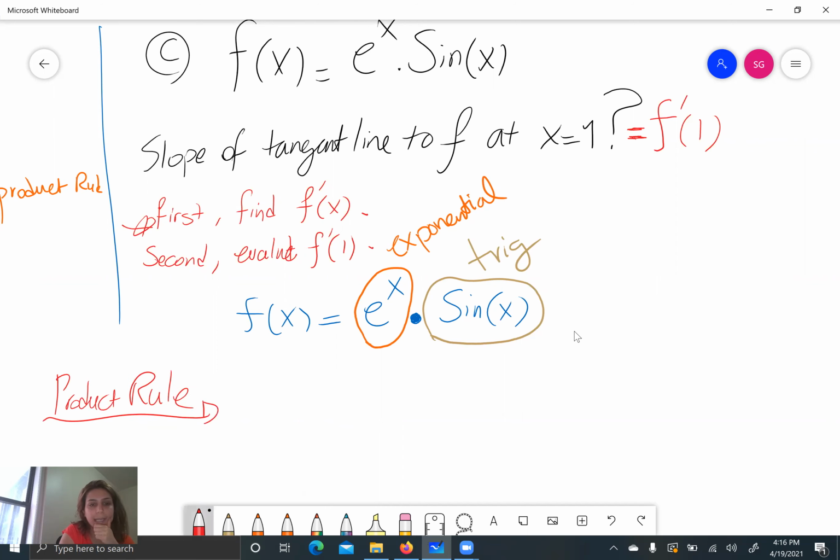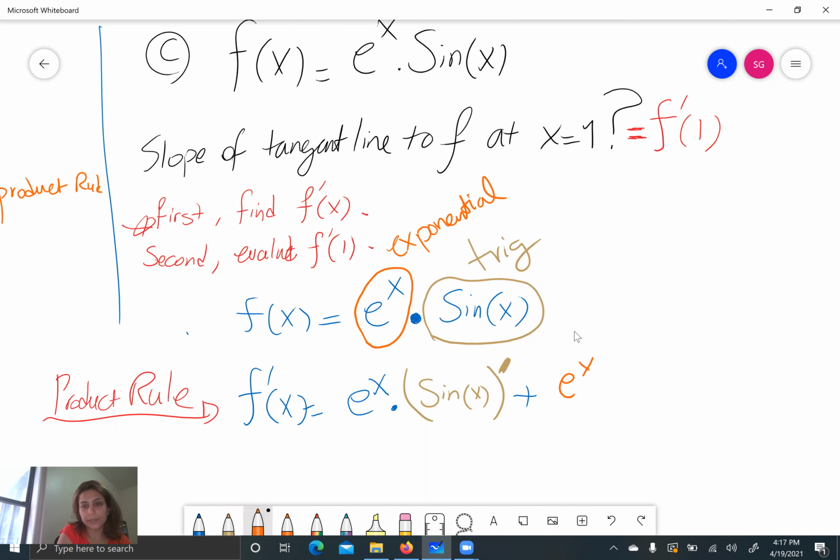So what does it say? Product rule says that the derivative of the product function is the first function times the derivative of the second function, plus the derivative of the first one times the second function.